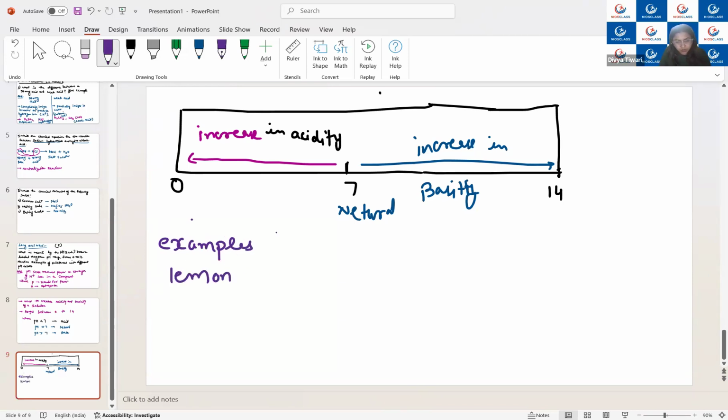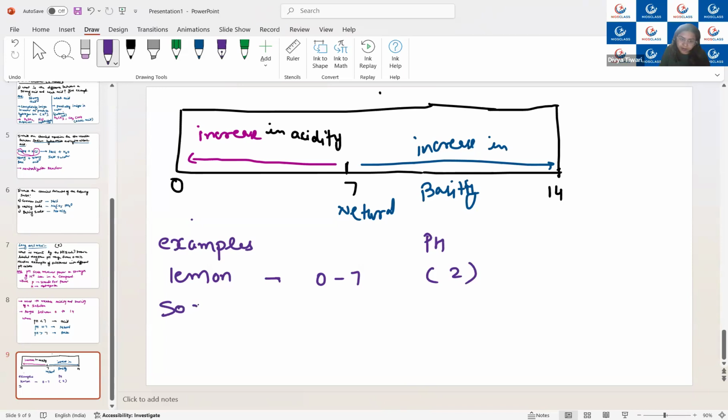Lemon juice or lemon ranging between 0 to 7. If you do know the exact value, then you can write it, or you can just write it as lying in the range.